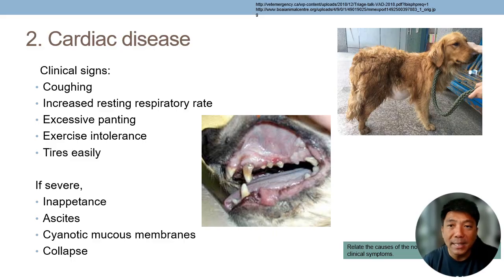In the most severe cases, a dog may exhibit symptoms such as ascites, fluid buildup in the abdomen, cyanotic mucous membranes, which is a bluish discoloration due to lack of oxygen, and even collapse. Early recognition of these symptoms is important for managing the disease.